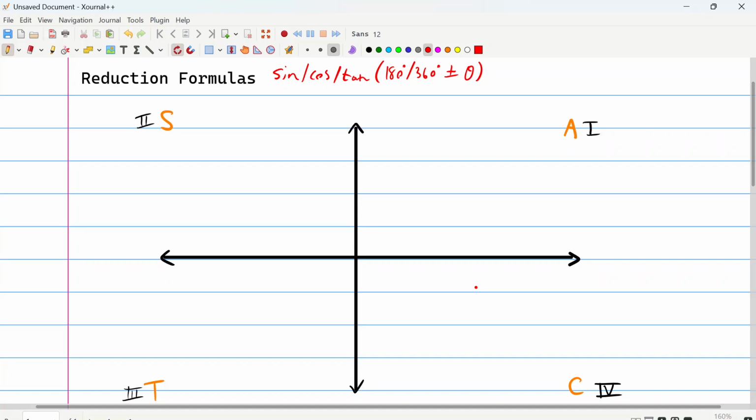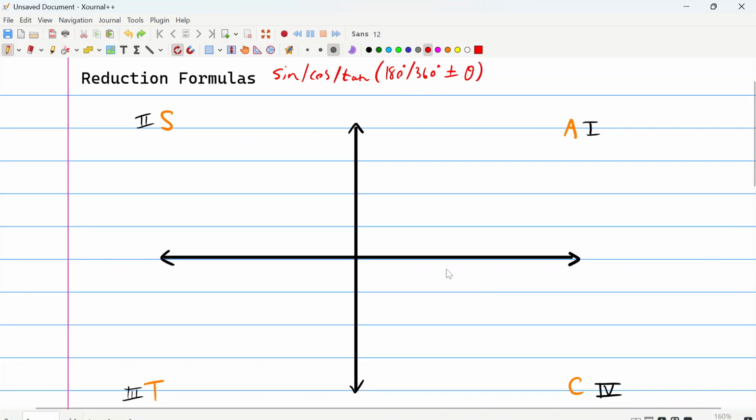This is an example of reduction angles. These are the reducing angles that we will remove, but then we're going to need to manipulate the trig ratio accordingly, and we will go over that.